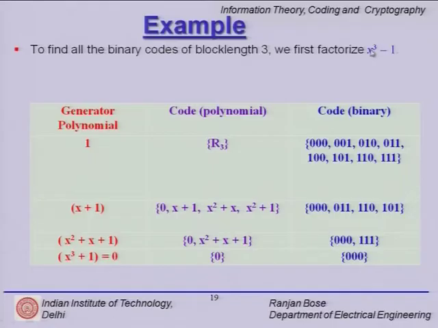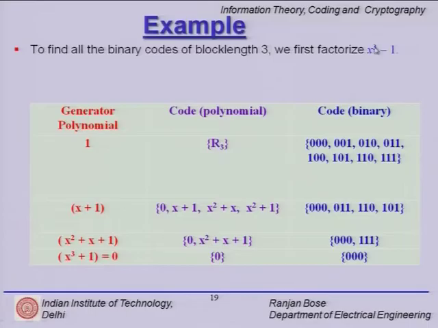And which Galois field should we consider? Binary code means GF(2). So, two things are important. The block length must be fixed, otherwise we do not know what n means in x^n. And once we have to factorize, we definitely must know where we do our math. So, we need to know the Galois field. So, given the block length and the Galois field, we are ready to go.